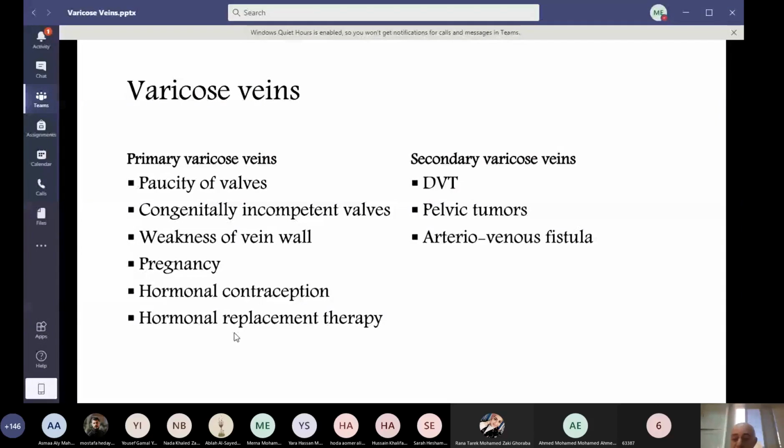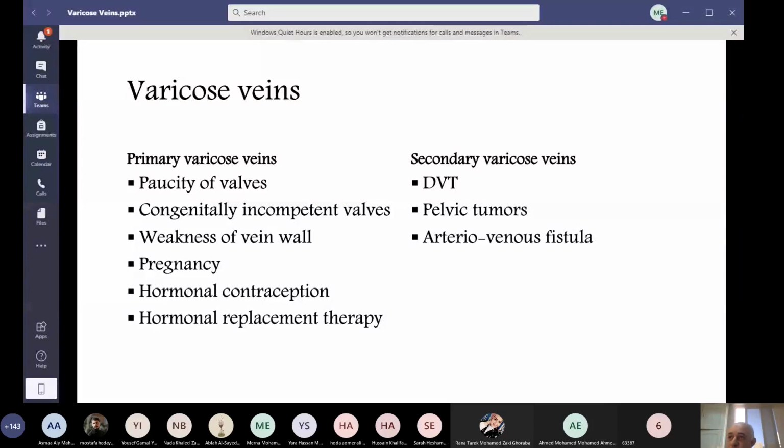Secondly, secondary varicose veins have mechanical causes. This may be previous DVT, or presence of a pelvic tumor, or presence of an arteriovenous fistula. In case of DVT, it ultimately will be cured or improved. The vein is at first occluded, but after that natural thrombolysis will happen and recanalization of the previously thrombosed vein will occur.